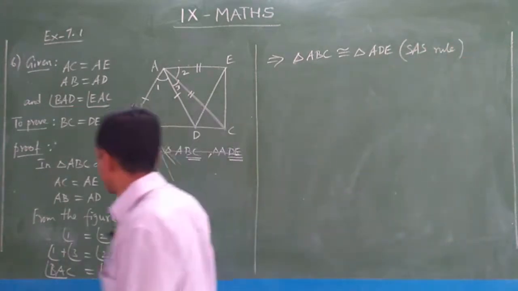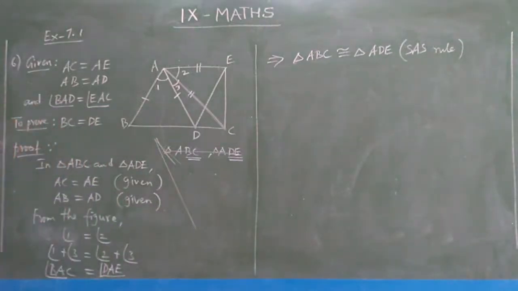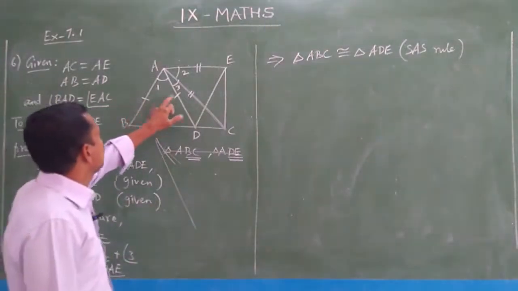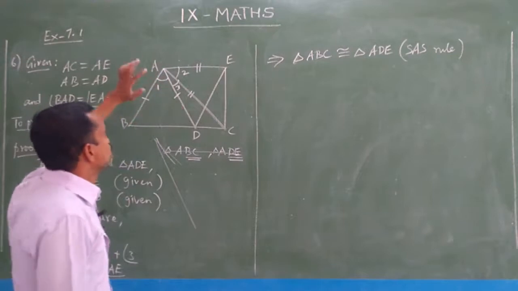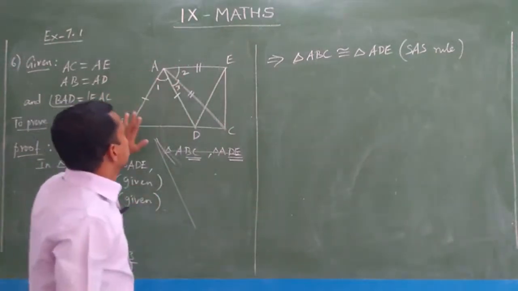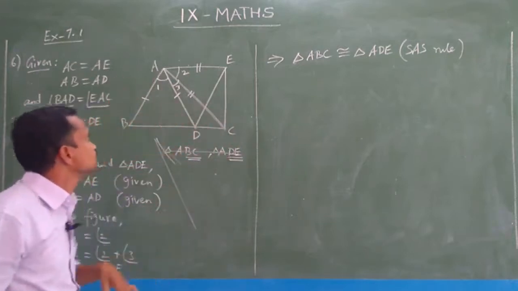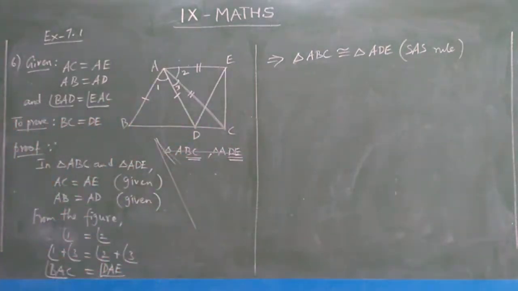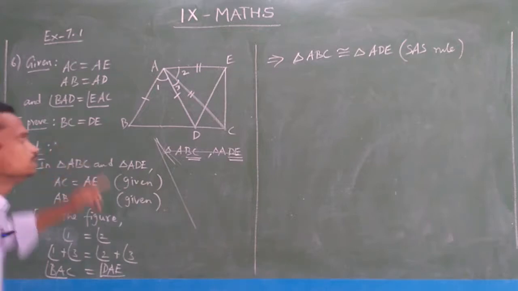Two sides, one angle, with the included angle between the two sides. So everything we have collected. This is the way to prove that these two triangles are congruent. And after proving these two triangles are congruent, we can easily prove BC equal to DE.